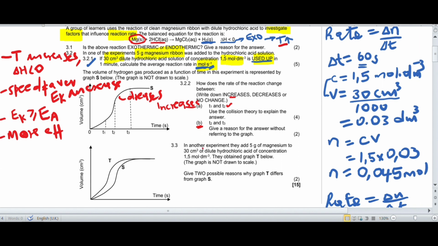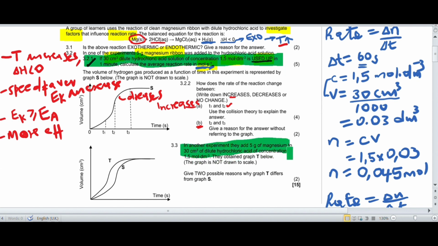Okay. In another experiment, they added 5 grams of magnesium ribbon to 30 cm cube of dilute hydrochloric acid of concentration 1,5 mole per dm cube. Now, if we look here, there is nothing changed here. Everything is the same. This one is experiment number 1, for example, and this one is experiment number 2.